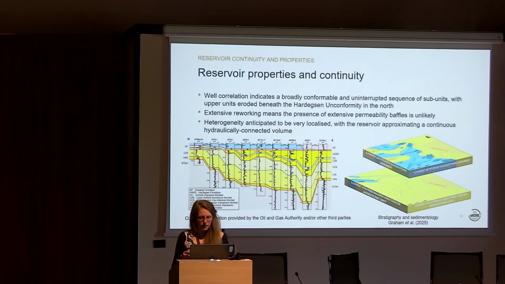But sedimentological logging of the core indicated there was extensive reworking of the area. So while there's likely to be some localized difference in properties, with the extensive reworking, it seemed that any differences were likely to be quite localized.